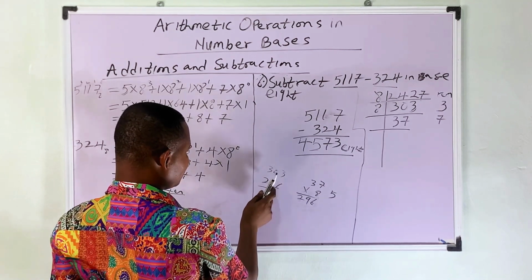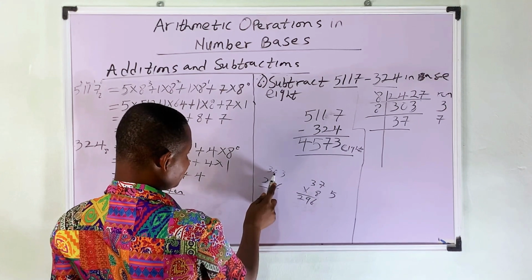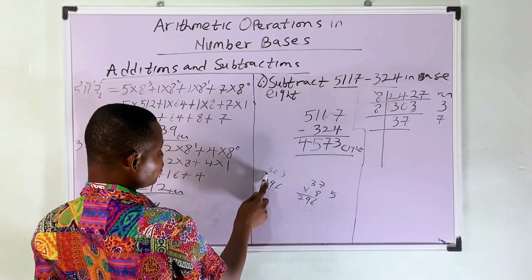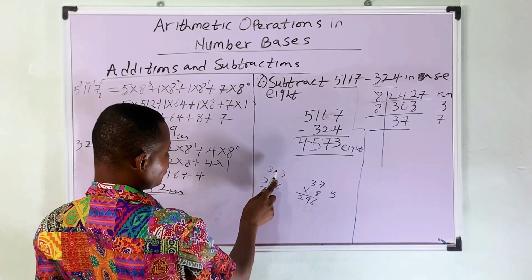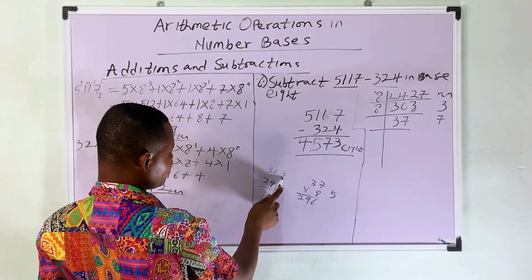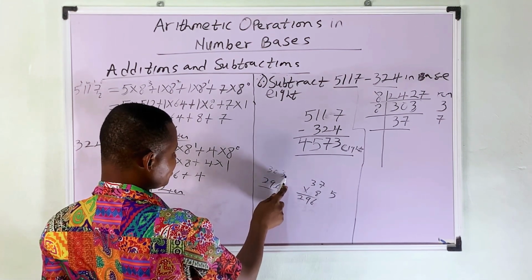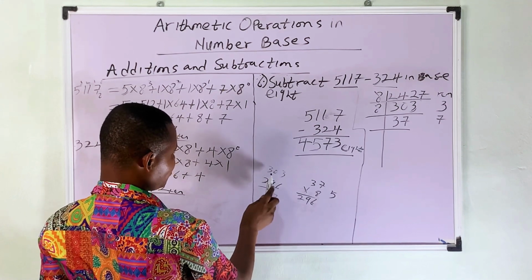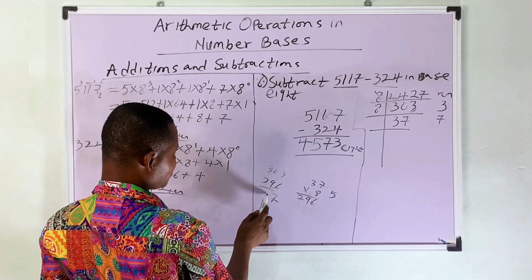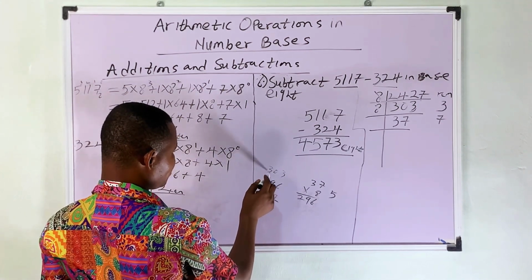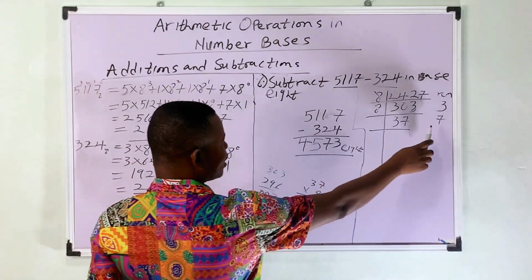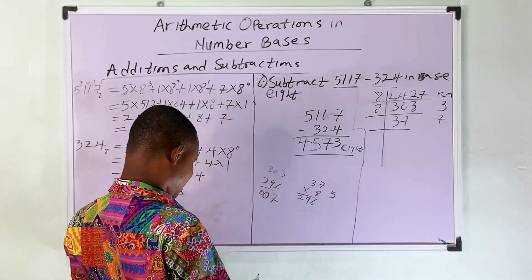We have 0 here, we cannot borrow anything. We come here, we borrow 1, turn to 10, put it here. We now borrow 1 from here, turn to 10. This will be 13 minus 6, we have 7. We have 9 left here. 9 minus 9, 0. We have 2 left here. 2 minus 2, 0. So that is the remainder of 7.